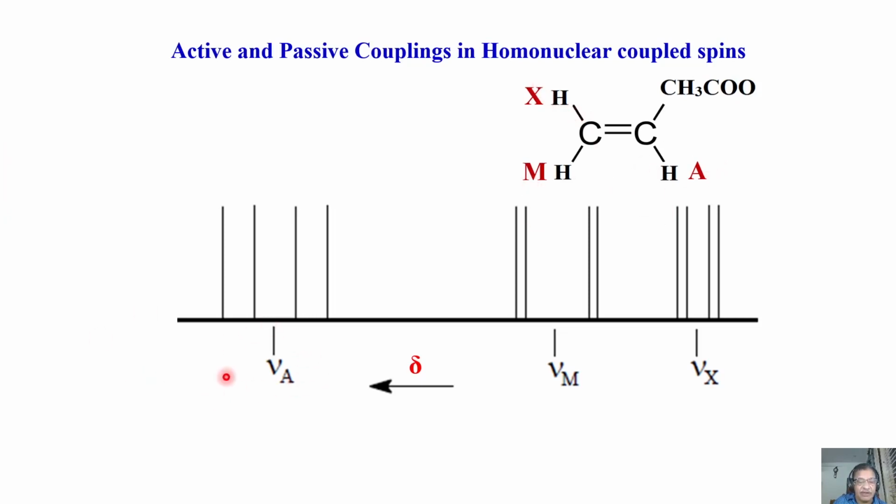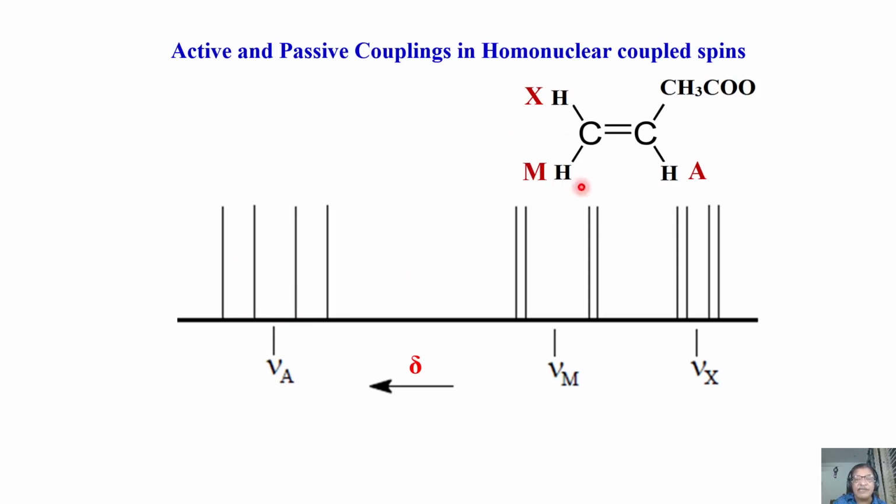So at the site of A, I get coupling between this active spin and this passive spin. So at the site of A, which is the active spin, I get AX coupling and AM coupling. They are active couplings. Very interesting, right?